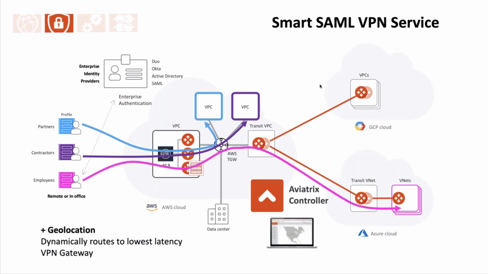And in this case, I'm coming through the same gateway, but with geolocation, it would identify where the closest Aviatrix gateway is, and it would access this multi-cloud global network through the closest gateway, and then have you allowed to have access to anything that your profile allows you to have access to. And it's because it's looking for the lowest latency VPN gateway.